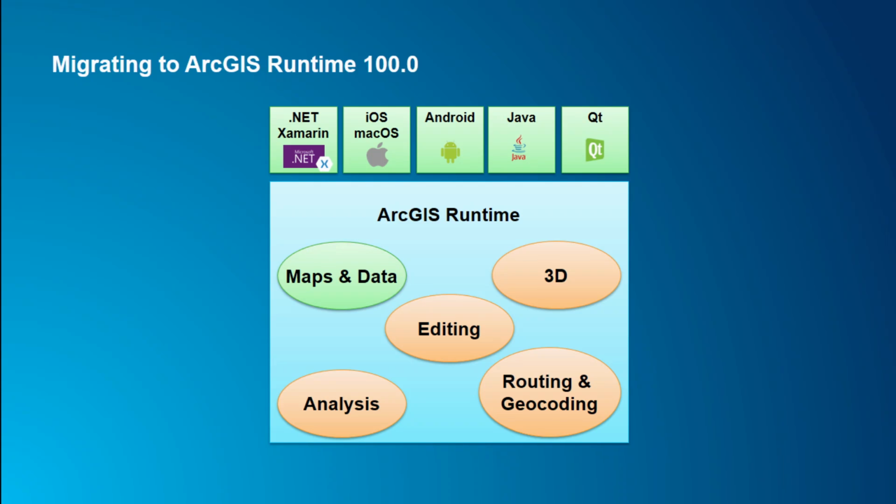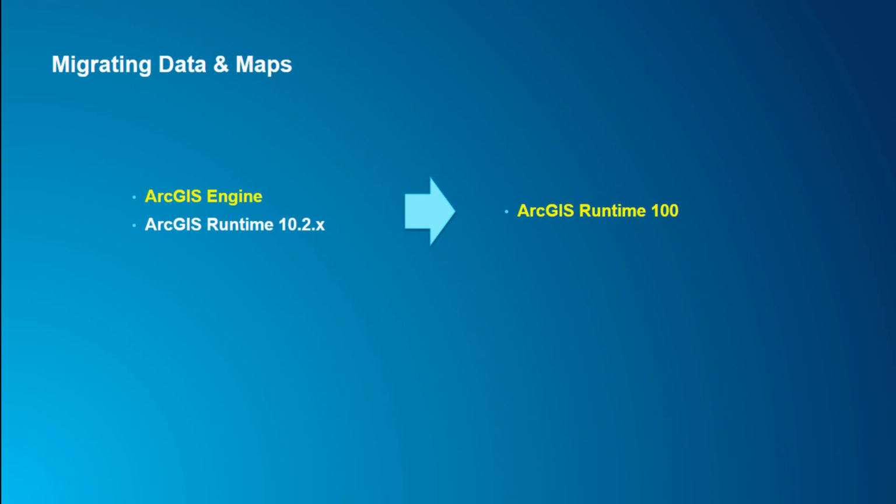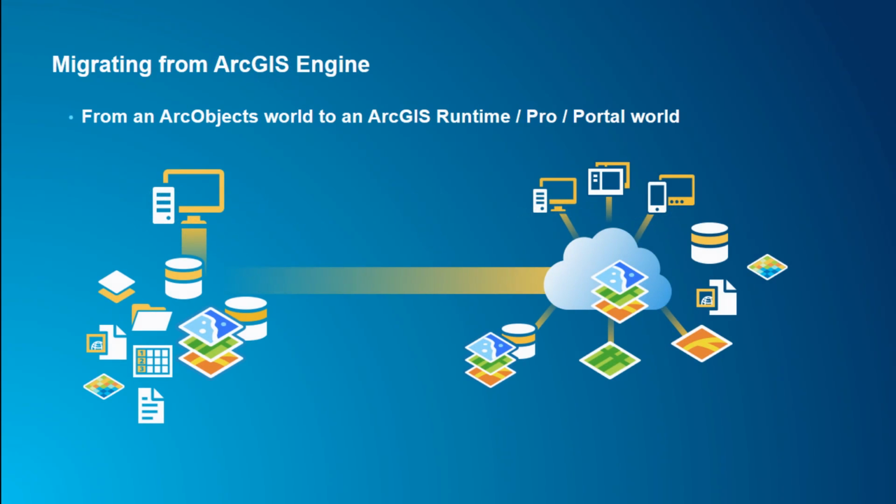Okay, so let's talk about maps and data then. So first up, I'll make a comparison of ArcGIS Engine and talk about migrating to ArcGIS Runtime 100. So when you're migrating from Engine to the runtime, you're migrating between two different worlds in a way. For Engine, it's a world based on ArcObjects.